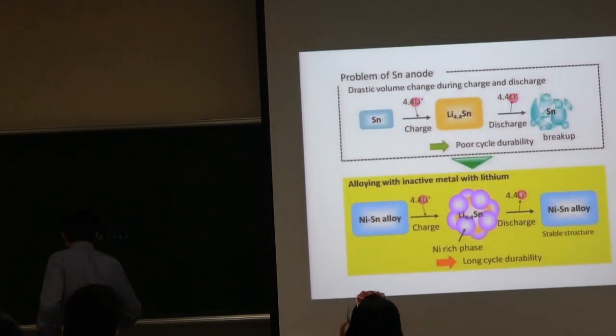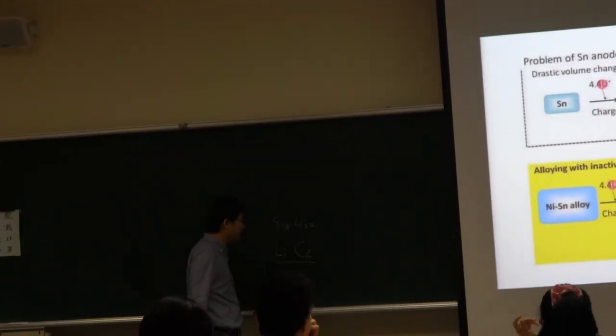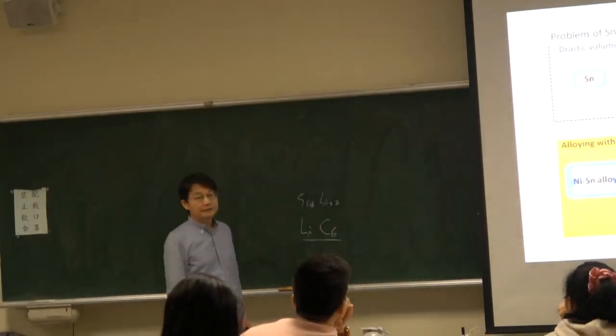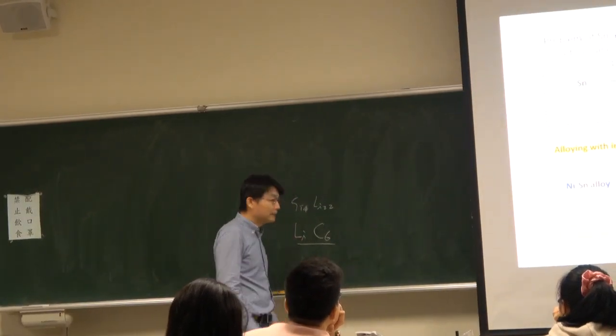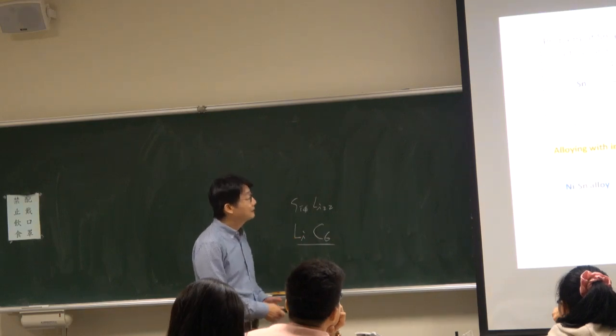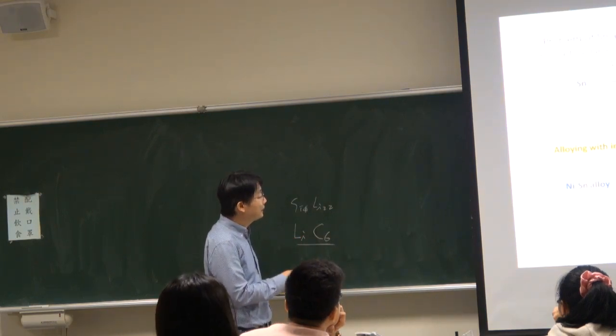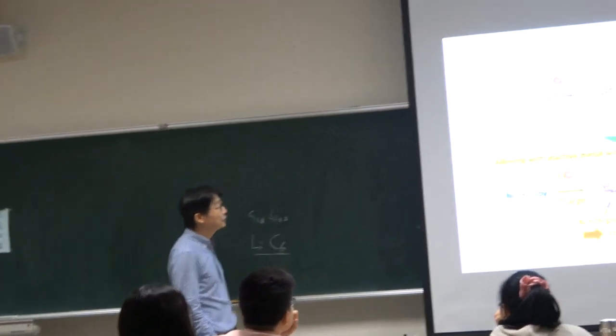Compared to carbon, which is LiC6, 6 carbon only accommodate 1 lithium. Therefore, the theoretical capacity is low. But for tin, the theoretical capacity is much higher, about 500 to 600.